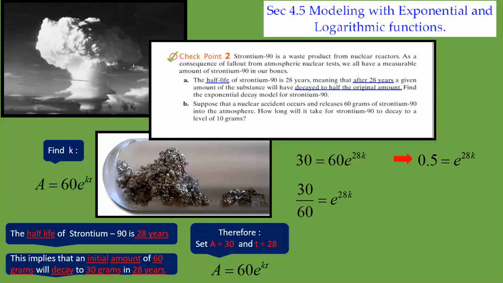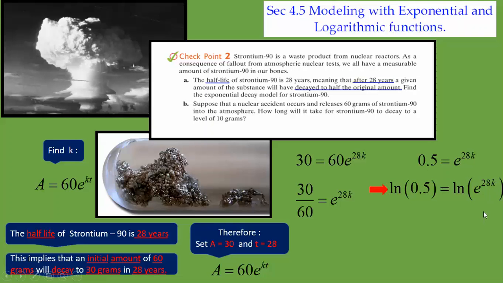So I'm going to use the fact that if two numbers are equal, if you substitute those numbers into the same natural log function, the results are going to be equal. So here, that leads to this equation. So now I have the natural log of 0.5 is equal to the natural log of e raised to the 28k power.